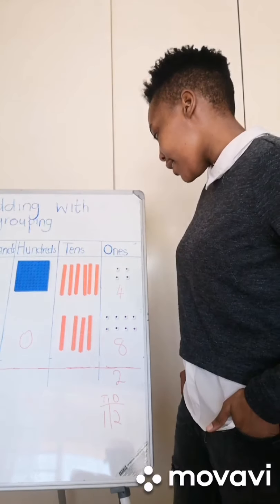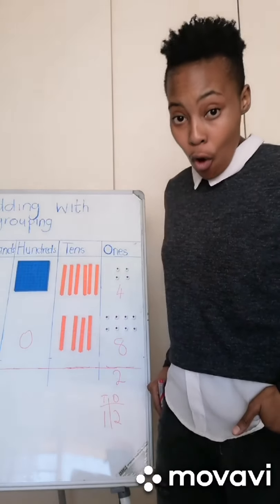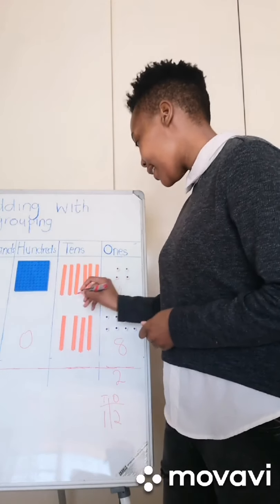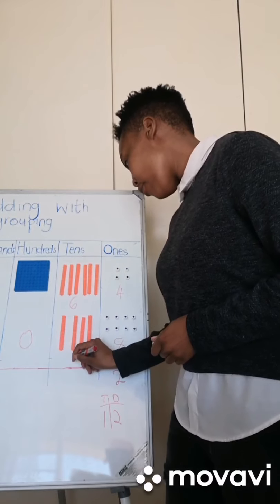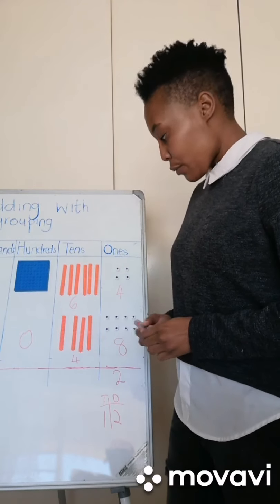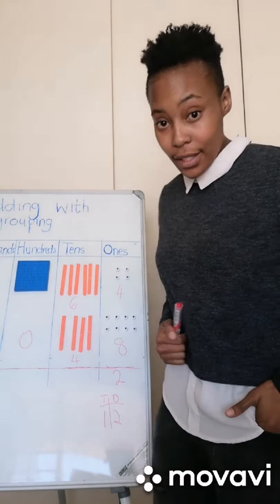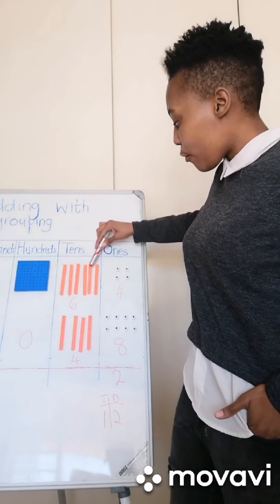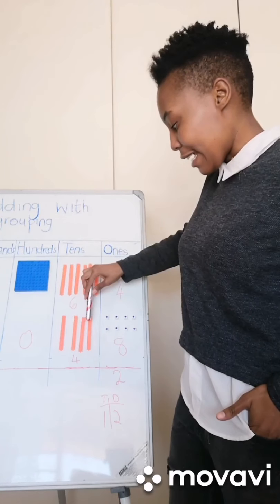Now we have 6 tens, add 4 tens. We are going to count how much that gives us. 1, 2, 3, 4, 5, 6, 7, 8, 9, 10.